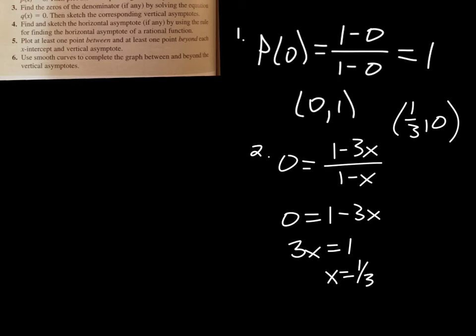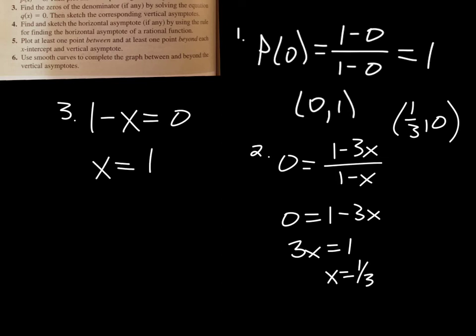Okay, step number 3. Step number 3 says find the zeros of the denominator by solving the equation q of x equals 0. So we're talking about setting the denominator equal to 0. And if you remember what we're doing here, step number 3 is locating any vertical asymptotes.